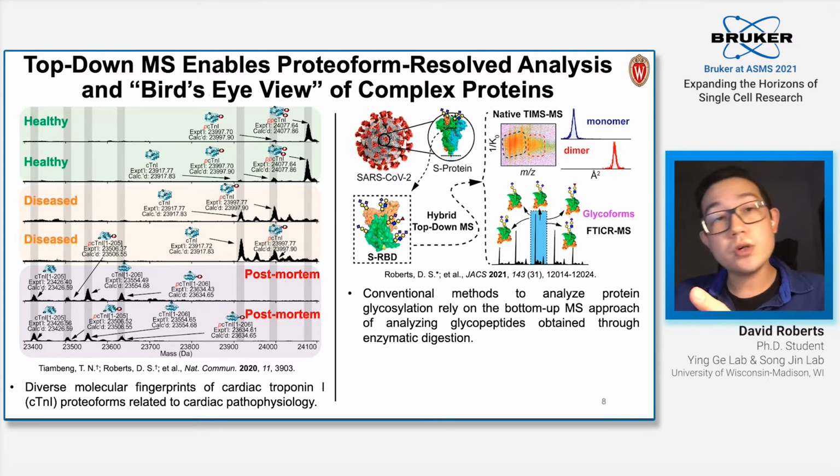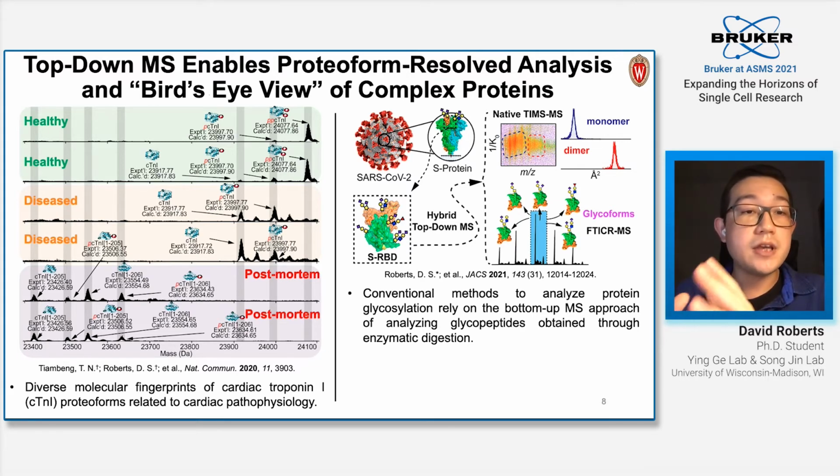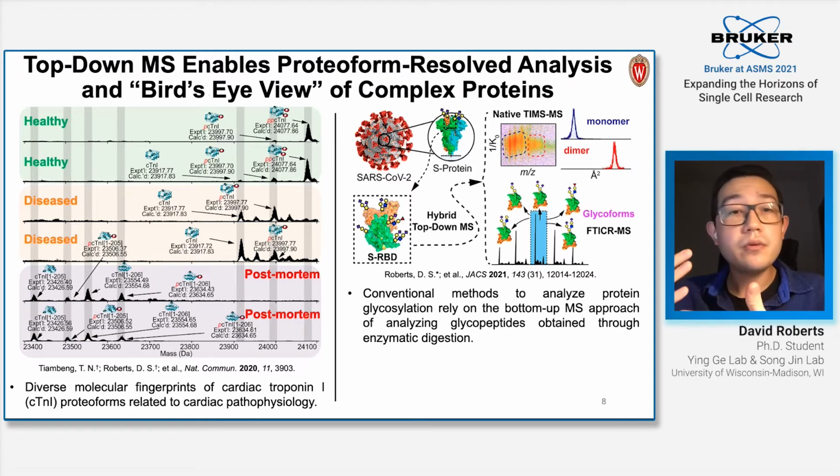But even more so, the S-RBD, the receptor binding domain of the S protein, is what specifically interacts with our host receptor. And so conventional methods to understand this glycosylation, as I've mentioned, rely on using glycopeptides or other means to engage in these molecular structures.